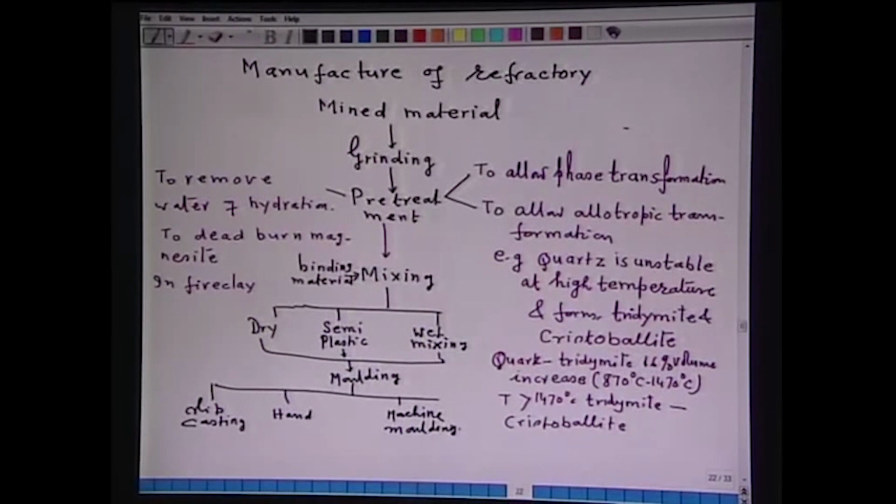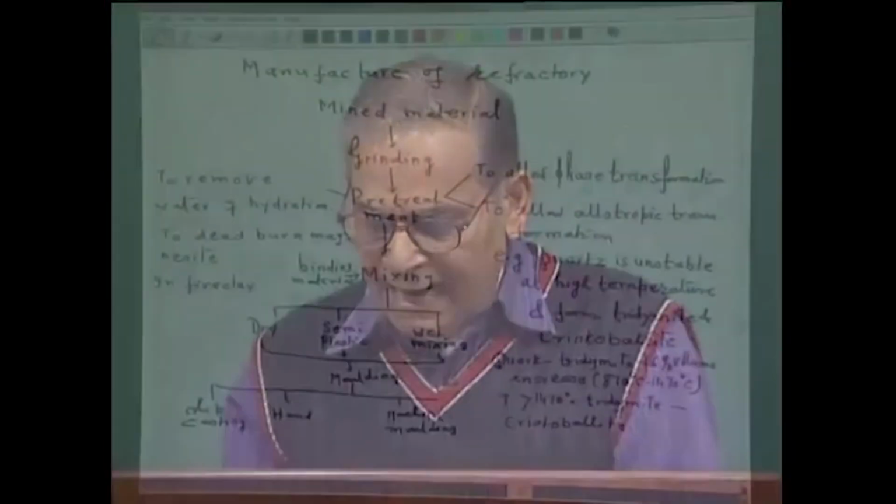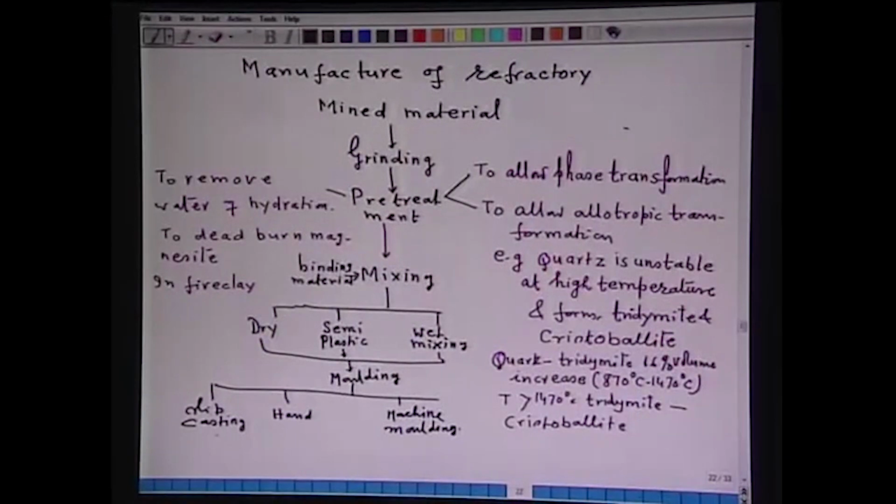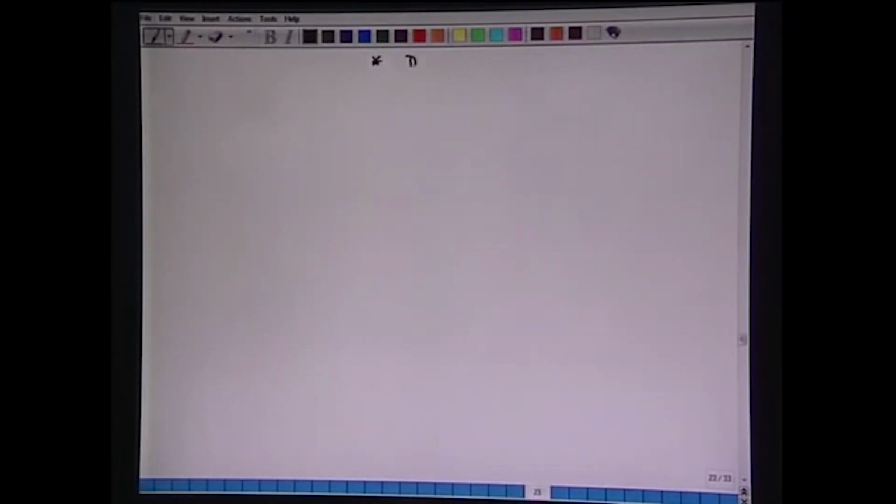Machine molding can be done either by extrusion or by pressurized de-airing. So, the product from all these, whether slip casting, hand or machine molding, is subjected to drying.